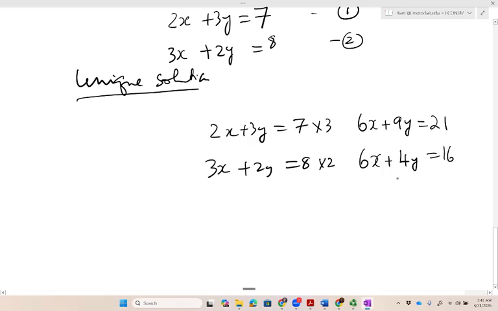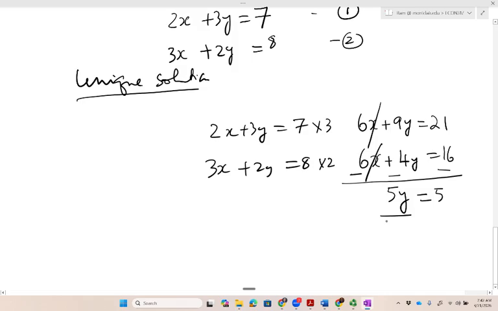And now you can see why I did this type of multiplication, because what we have obtained now is both these equations have the first term equal to 6x. So now I can subtract the second equation from the first one, which leads to the first term being cancelled out. 9y minus 4y is 5y. And on the right hand side we have 21 minus 16 equal to 5.